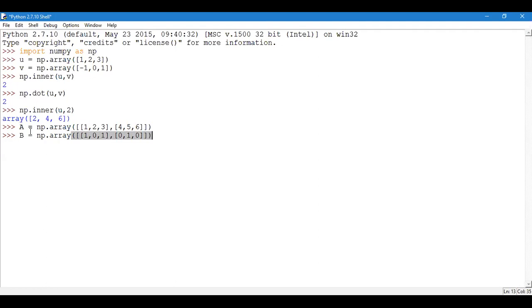So I want to find the inner product, but product of rows now, only the rows. So I would write np.inner of a comma b. So it is giving me the inner product.